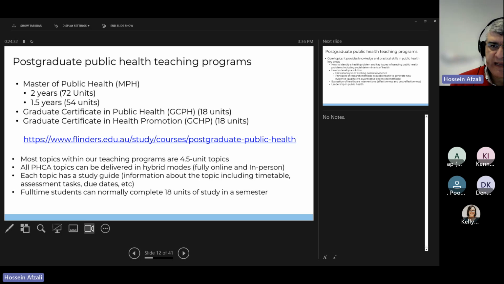So if you are full-time, you can complete 18 units of study, which means 4 topics per semester, 4 times 4.5, which is 18 units. Another point is the mode of delivery.